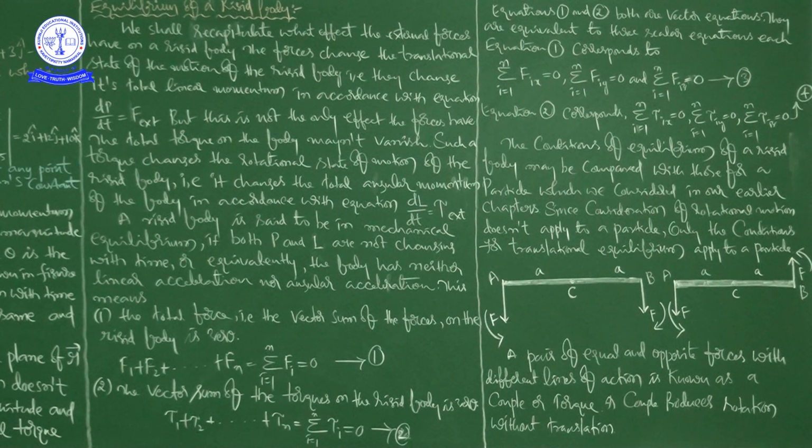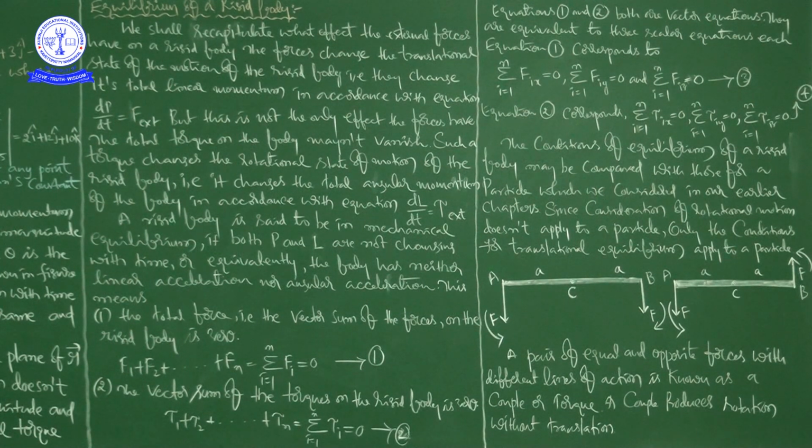Next, we need only three conditions to be satisfied for mechanical equilibrium. I told you 6 independent conditions are to be satisfied for mechanical equilibrium, but regarding this situation, all the forces acting on the body are coplanar. So here I am saying we need only three conditions. What are these three conditions?